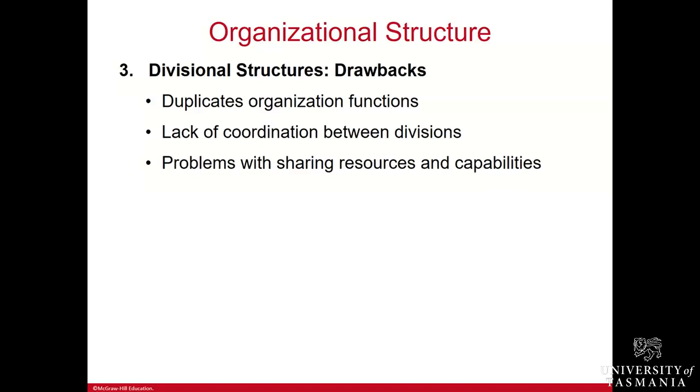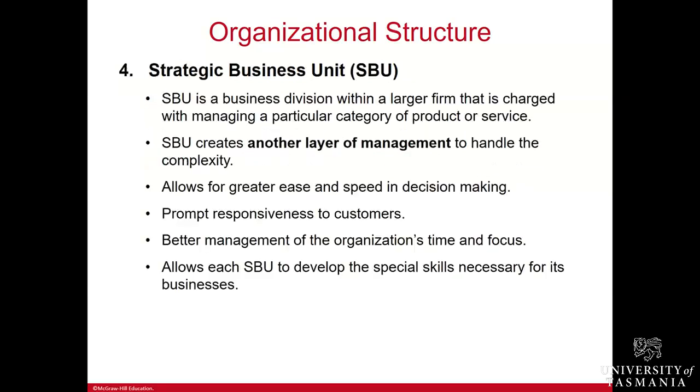The unit managers who are running those lines can be reluctant to share these resources because they're also competing with each other. That's why controlling all these business units carefully and closely is very crucial if a company is applying product division structure.